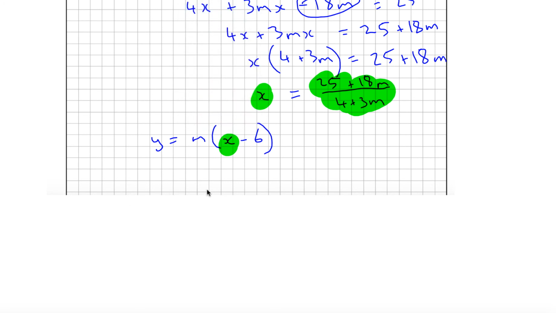So y is equal to m times 25 plus 18m all over 4 plus 3m, minus 6.